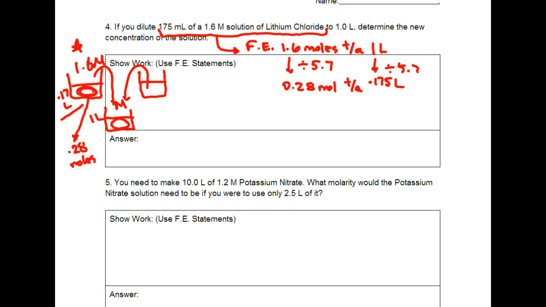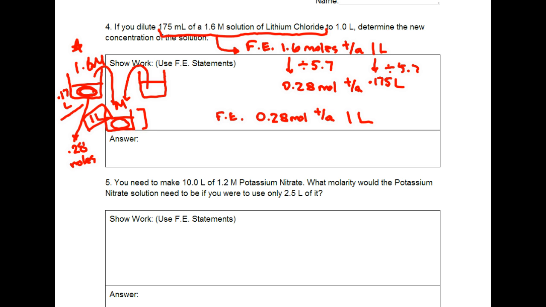Now if we dump the entire thing into this solution over here, that means there are 0.28 moles in there as well. And what we're trying to figure out is the molarity. So let's write down the information that we have for this solution in a for every statement. For every 0.28 moles of lithium chloride, there is, from the problem itself, 1 liter.